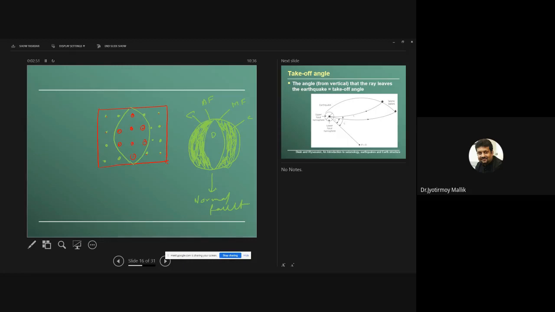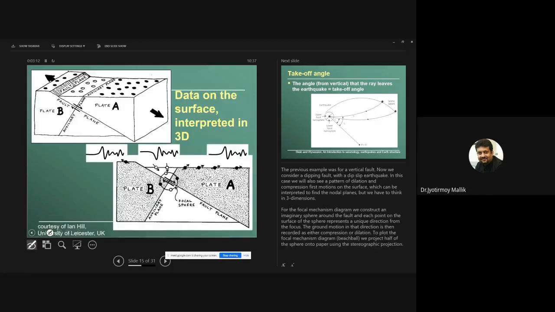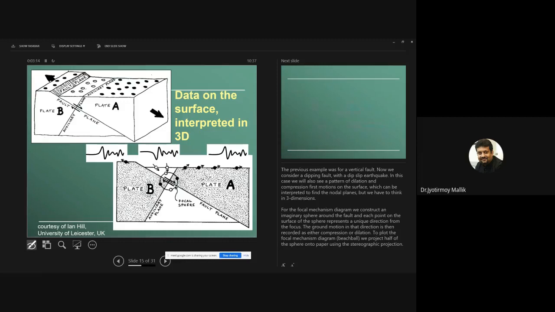So if I observe a beach ball diagram where both sides are compressional and in between is extensional, it looks like this. I know the fault responsible for creating this earthquake is a normal fault, because of this logic. The in-between part is dilational and on both sides we have compression.